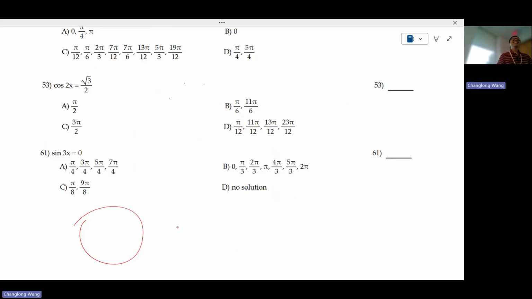Vertical. You see, it's always 50-50. So now, if you want a vertical coordinate to be 0, where would it be? The point could be here, or there. What is the angle associated with that? 0 or pi. But in this case, all I care about is how many solutions there would be. If there are 2, guess what the 3 is going to do? Squeezing more solutions. There's 6 solutions. Oh, you know what?